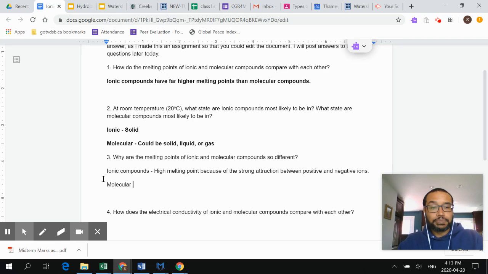Molecular compounds: lower melting point because less attraction.